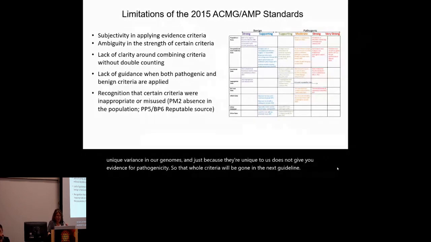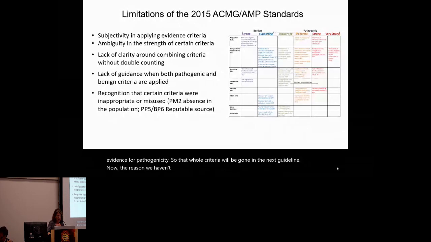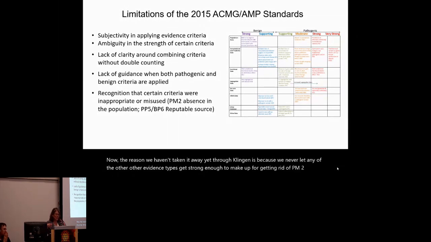Now, the reason we haven't taken it away yet through ClinGen is because we never let any of the other evidence types get strong enough to make up for getting rid of PM2. And that was a fundamental challenge in evolving this in pieces. So in the new guideline, other really good evidence will allow higher scoring, and then you won't need this crutch of PM2 to help get you to pathogenicity.